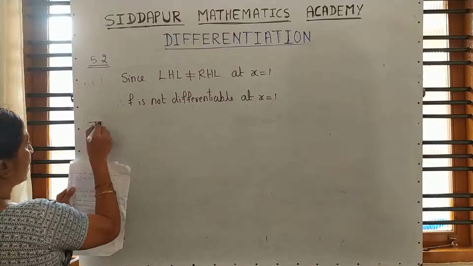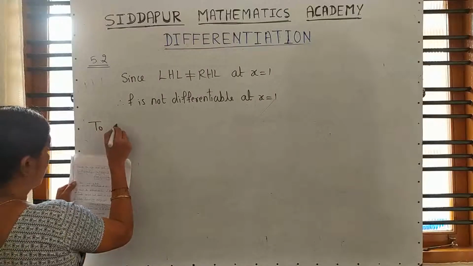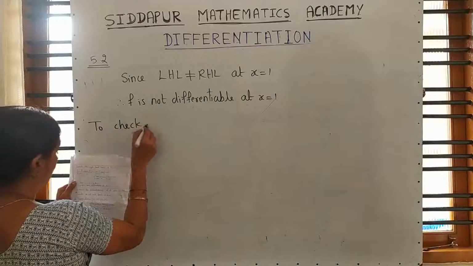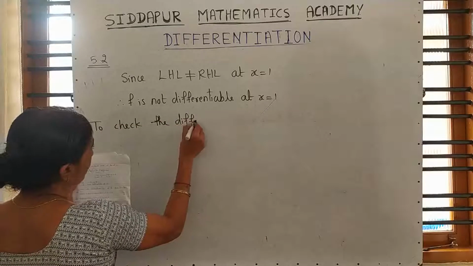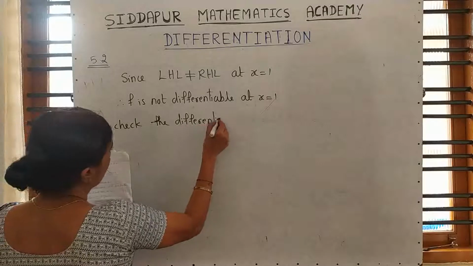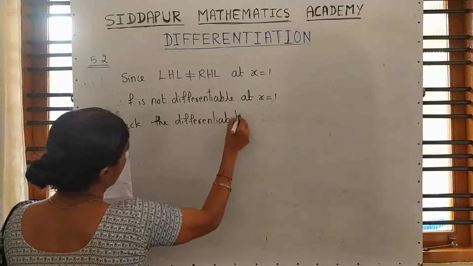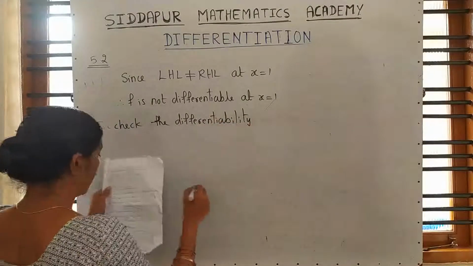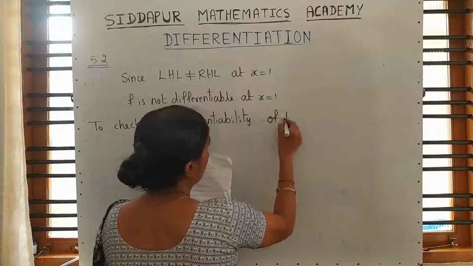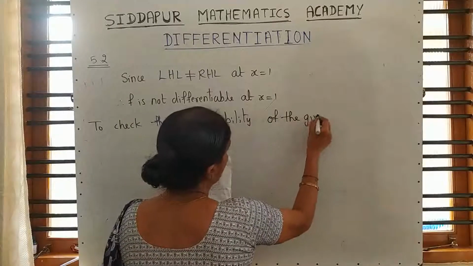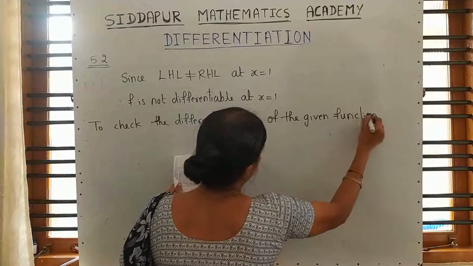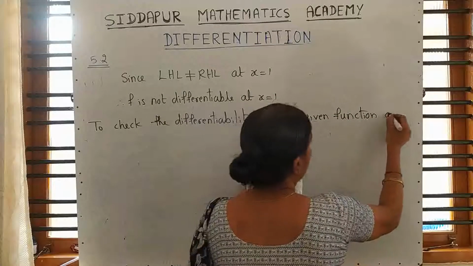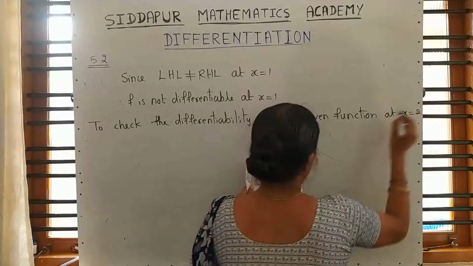Next, we have to check for x is equal to 2. To check the differentiability of the given function at x is equal to 2.